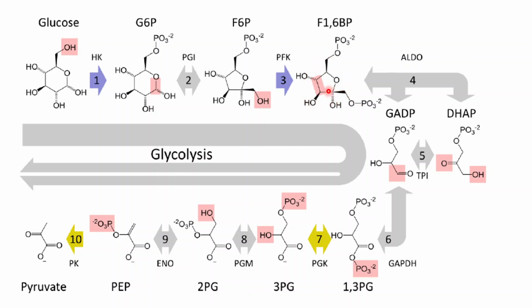Okay, and what is happening is this particular bond between these two OH, this is breaking, and in turn one of the 3 carbon molecules that is released is the dihydroxyacetone phosphate, and then another 3 carbon molecule that is released is glyceraldehyde 3 phosphate. Okay, so these are the 4th and the 5th intermediate that forms.